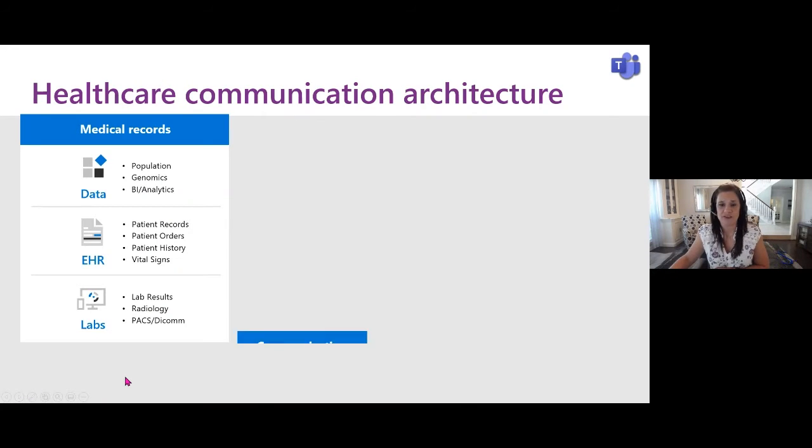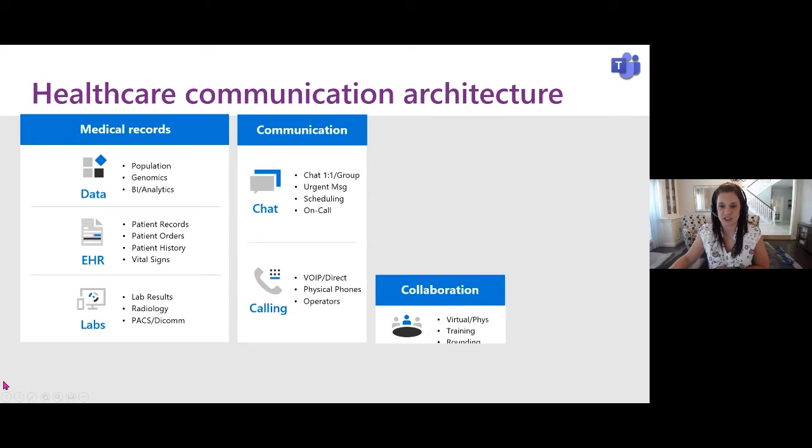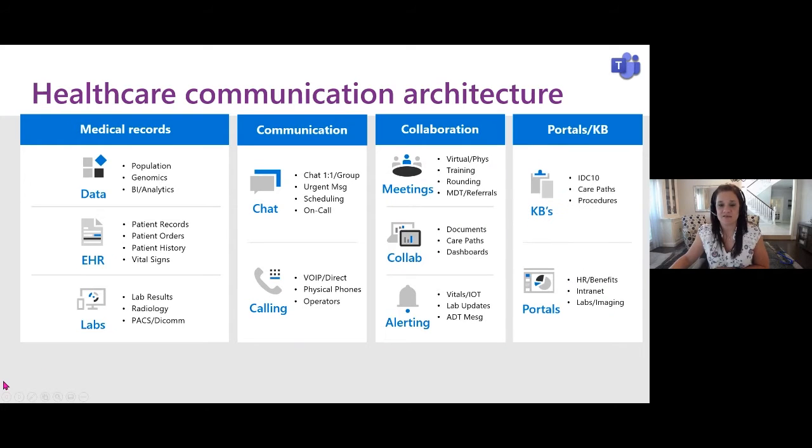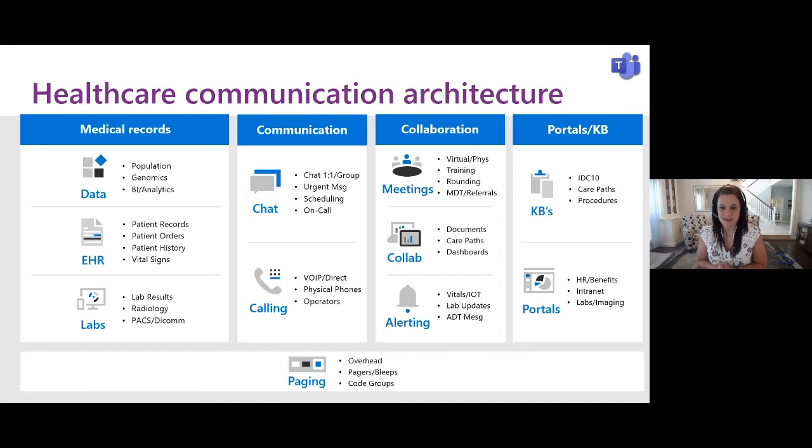So starting off with the healthcare communication architecture, hopefully this is familiar to most of you. And what we like to talk about is we know that healthcare has a very broad and deep communication architecture. It has many different pillars that come with it.